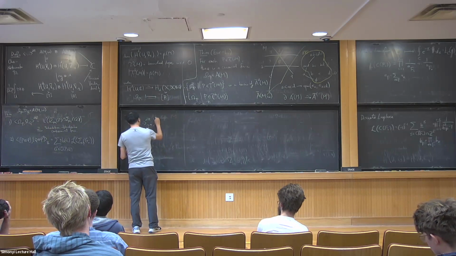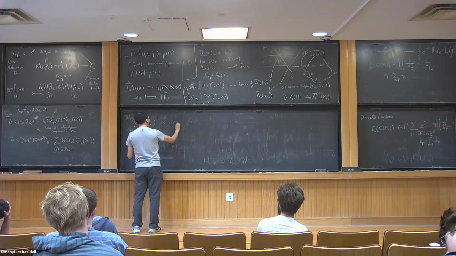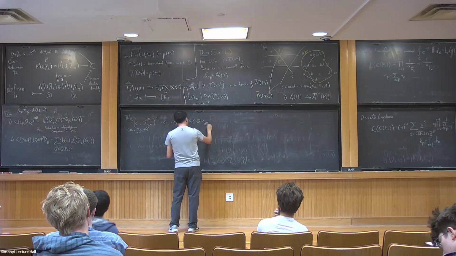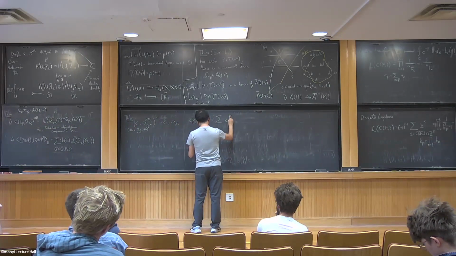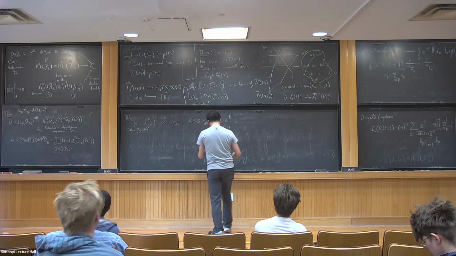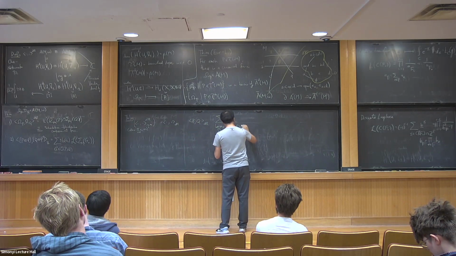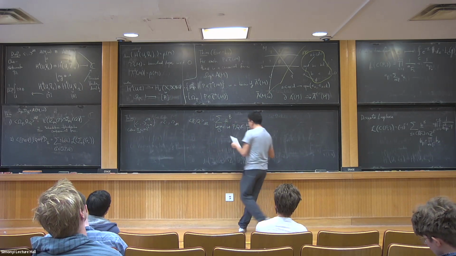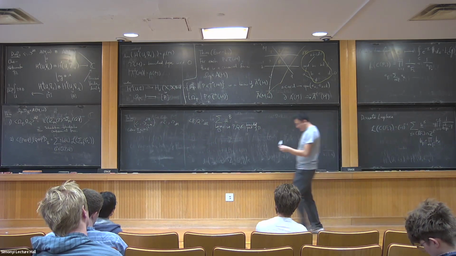By definition, the inverse is some matrix that I denote like this, and there's a simple formula for the inverse. Let me draw a picture.